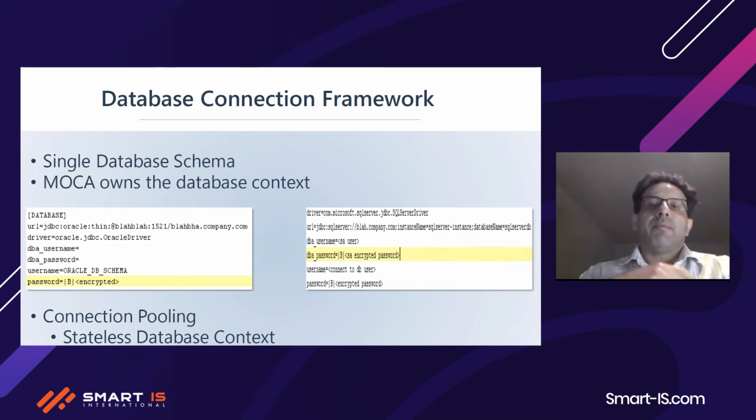The way Moca views the database layer is that it assumes that you're connected to a single database, and that single database will house all of the WMS tables in one schema in Oracle terms or one database in SQL Server terms. And this registry then allows us to provide those kinds of details here.